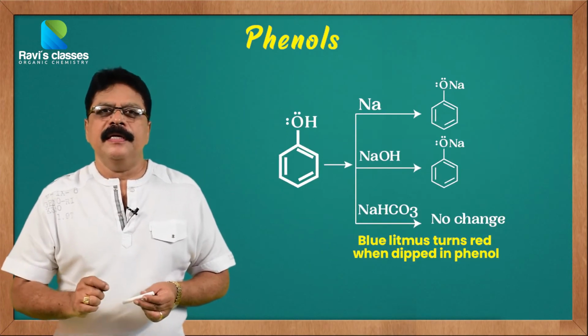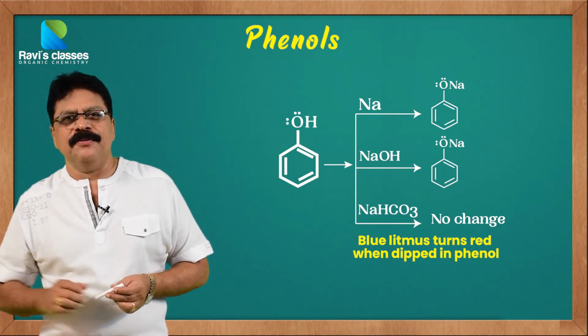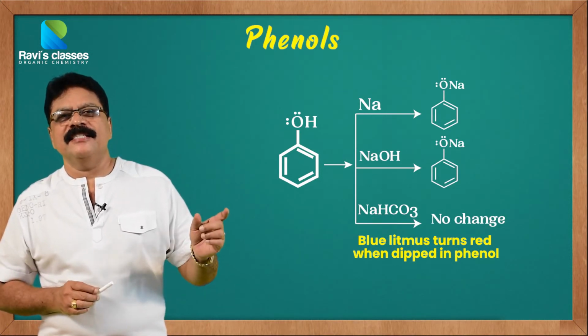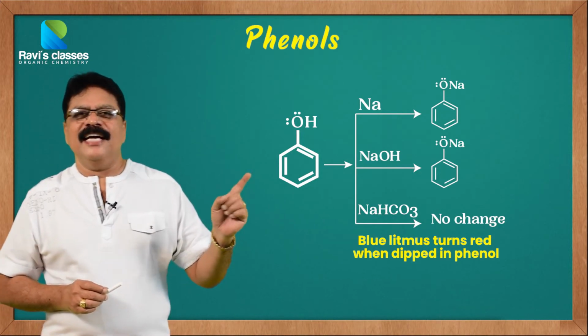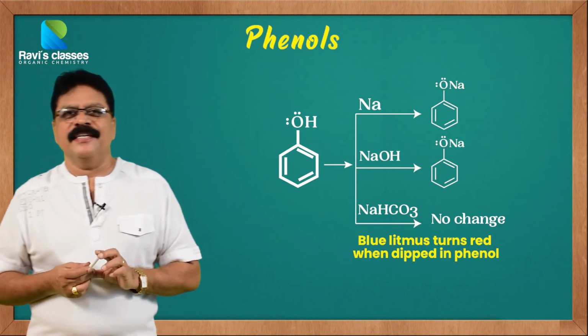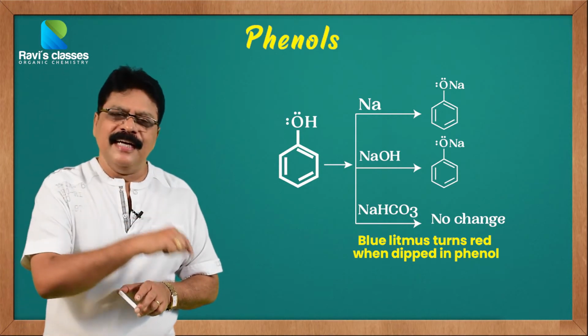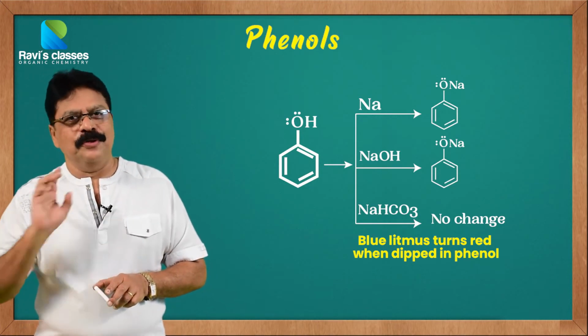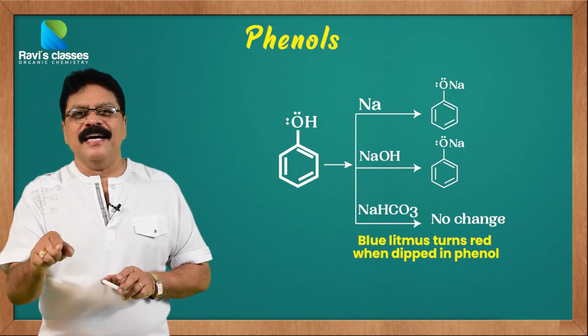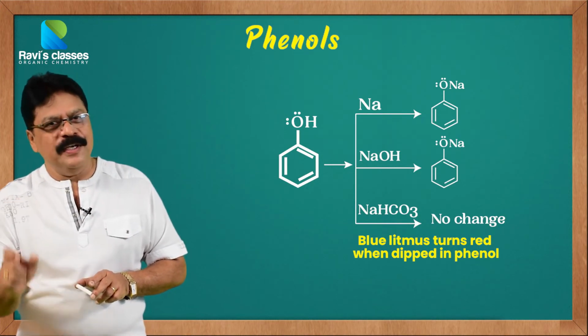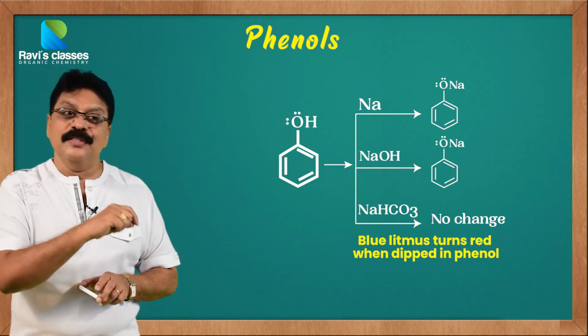So, when we examine the properties of phenol, we can easily classify them as follows. Phenol reacts with sodium to form sodium phenoxide. Phenol reacts with sodium hydroxide to form sodium phenoxide. Sodium bicarbonate is a weak base, and phenol also is a weak acid.